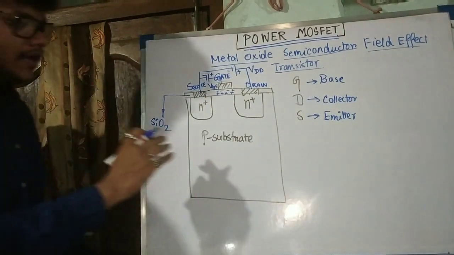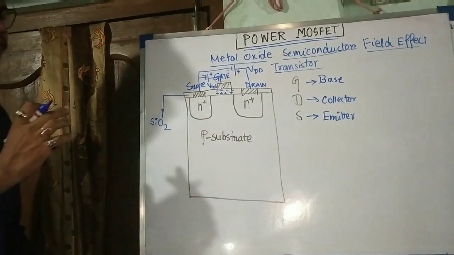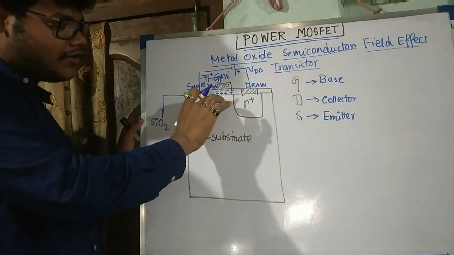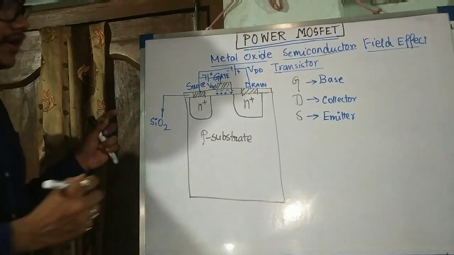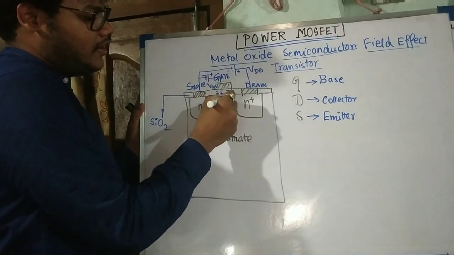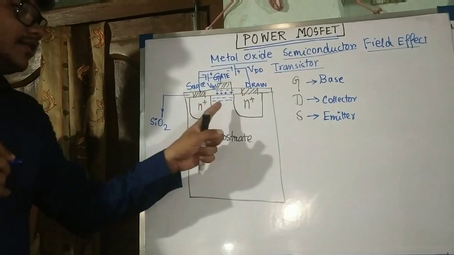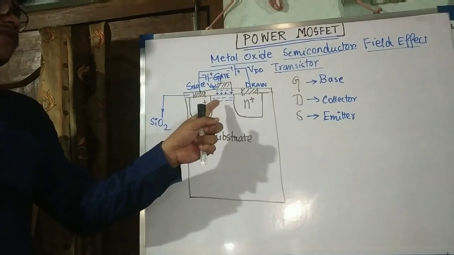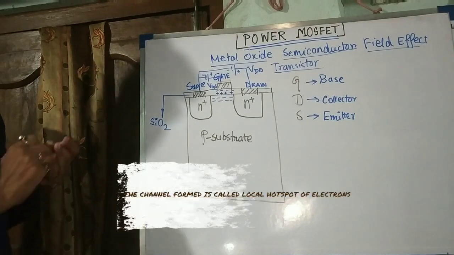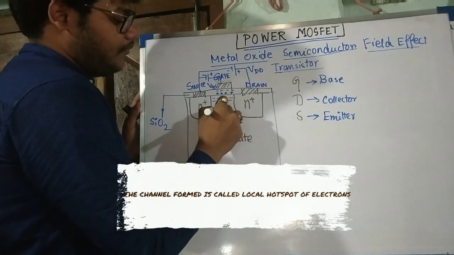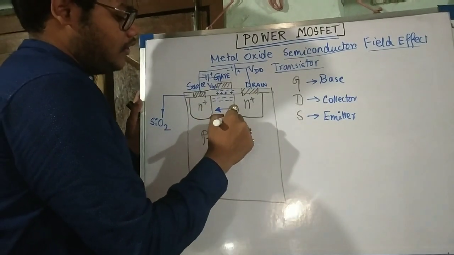Now what happens? In the P substrate, holes are the majority carrier. So holes move away because of the repulsion from these positive ions. The electrons get accumulated here. So a channel is formed. There is a channel of electrons formed in between the two N plus layers. So a current flows like this. This is the direction of the current flow.